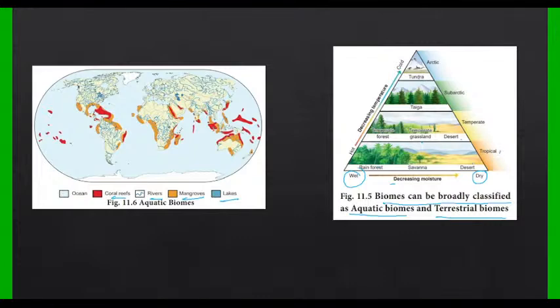So this is the tropical one, this is the temperate one, that is subarctic and this is the arctic zone. And here you see the temperature decreasing according to latitudinal distribution from hot to cold zone, that is from rainforest to tundra zone, the temperature is decreasing.